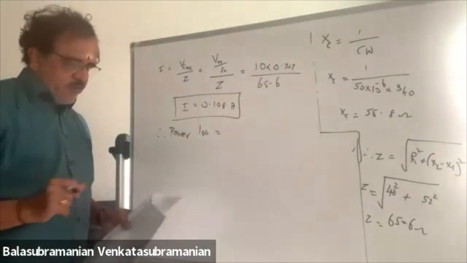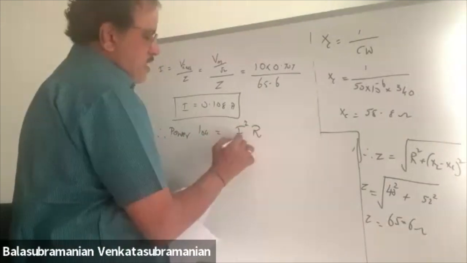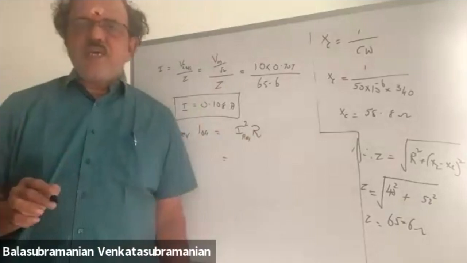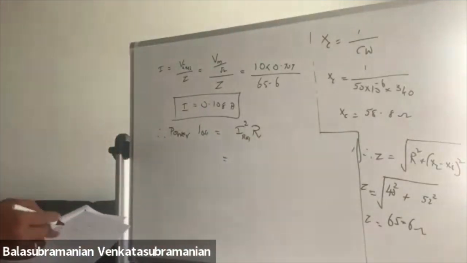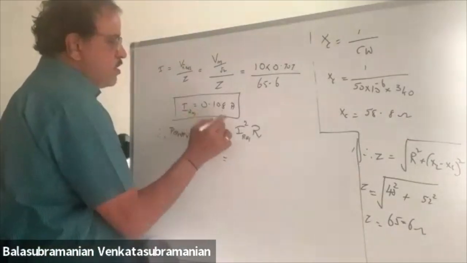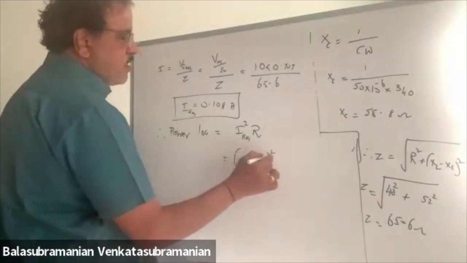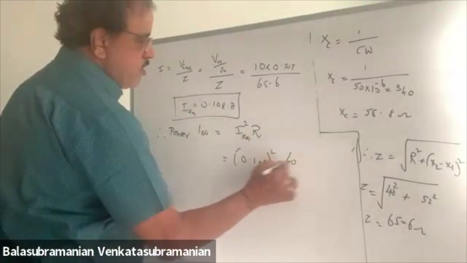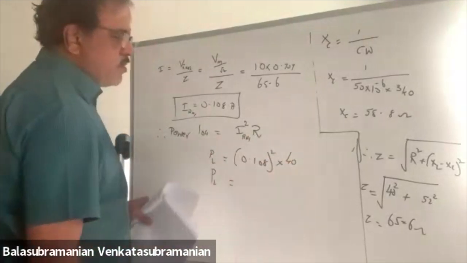Okay, now we'll go for power loss. Power loss is I square R. Wherever you go, if it is not given, you have to write RMS only. So I square RMS into R. What is IRMS? 0.108 the whole square into resistance value 40 ohms.